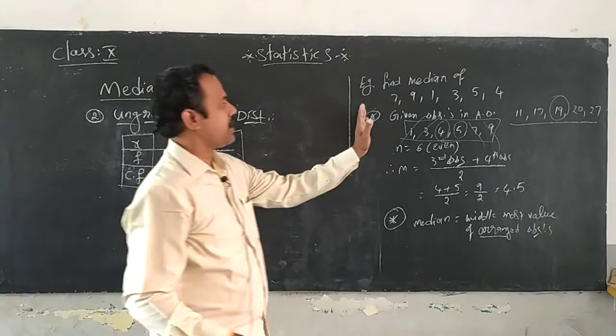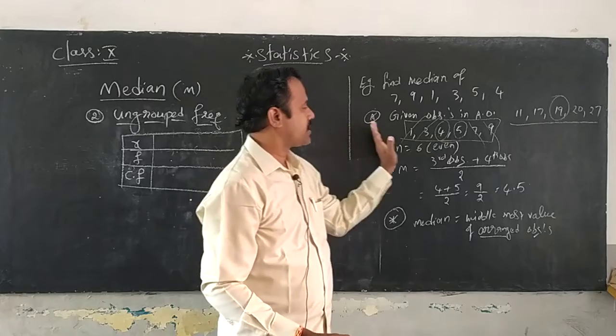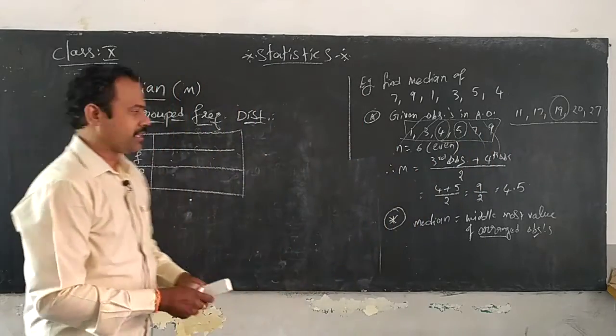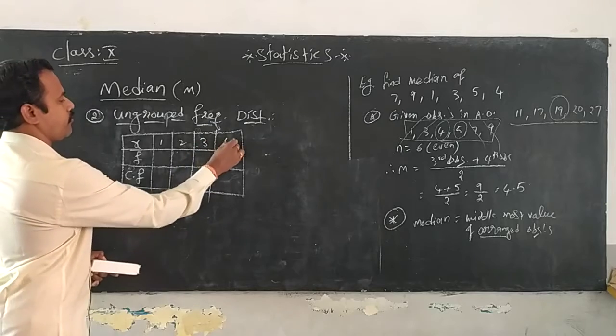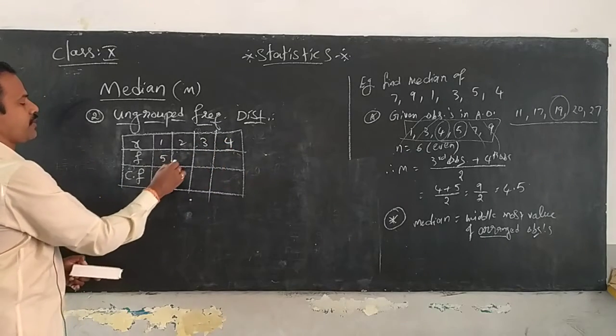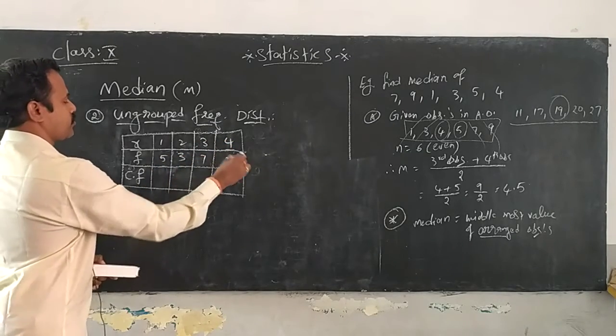When you are calculating the median, you are considering all the values. Here the observations are 1, 2, 3, 4 with frequencies 5, 3, 7, 2.